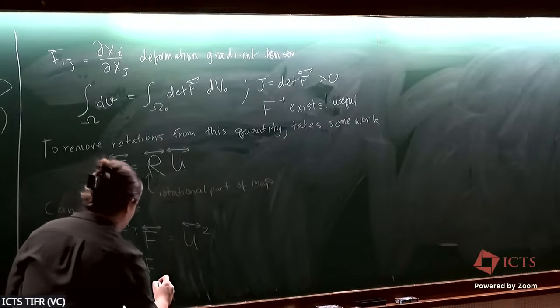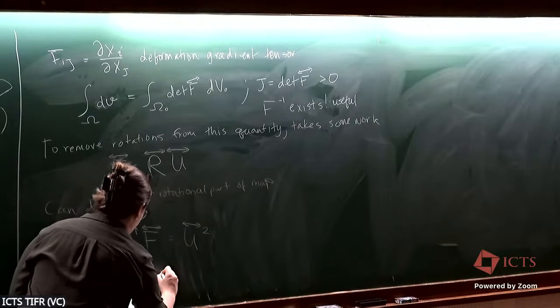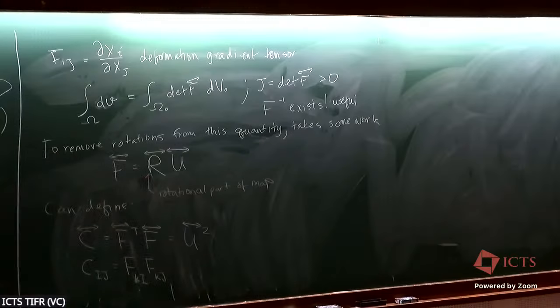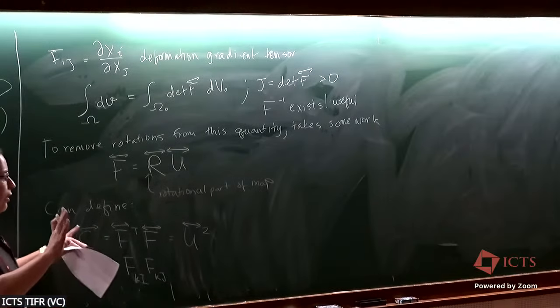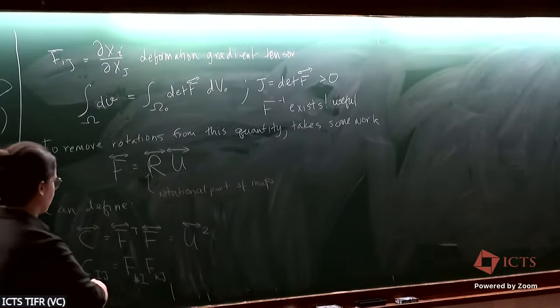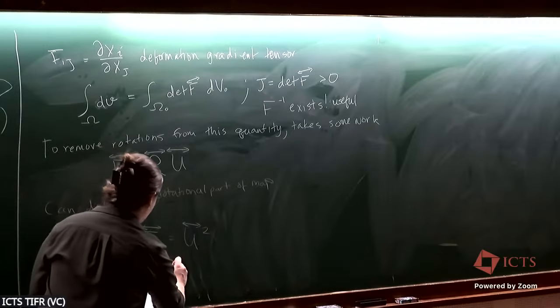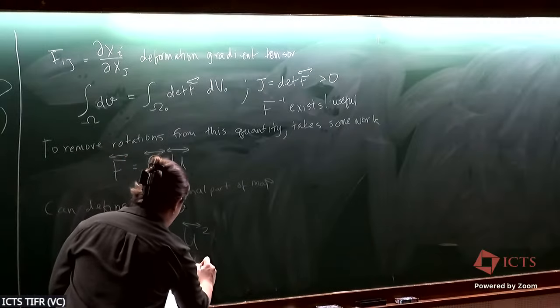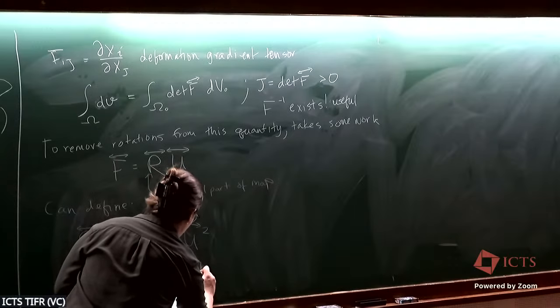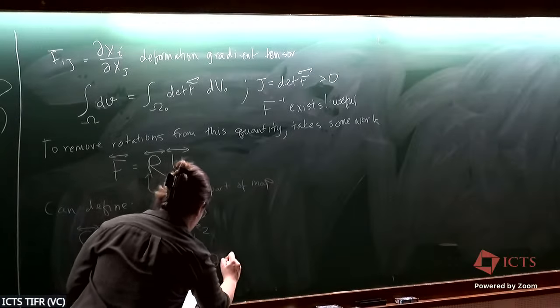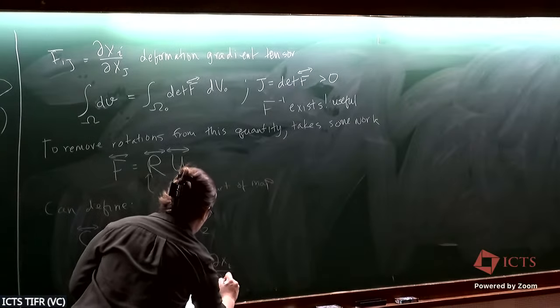They emphasize that this is a map from actual to reference and reference to actual, going back and forth, and this can be written dxi, dxk, dxj.